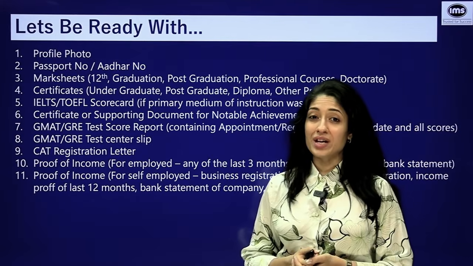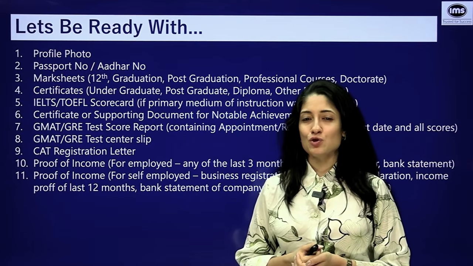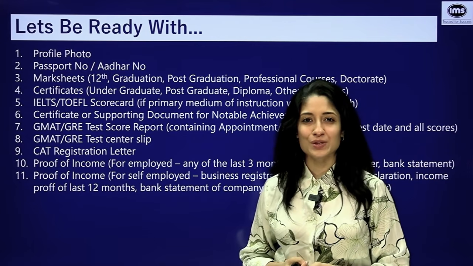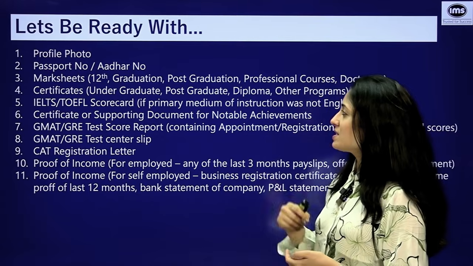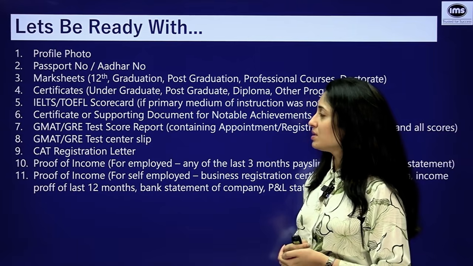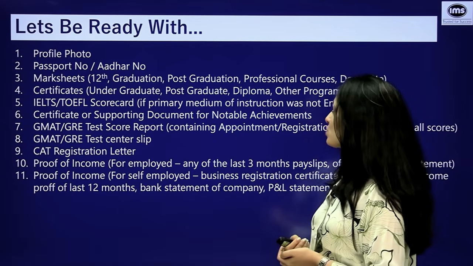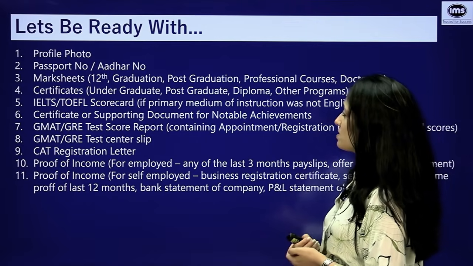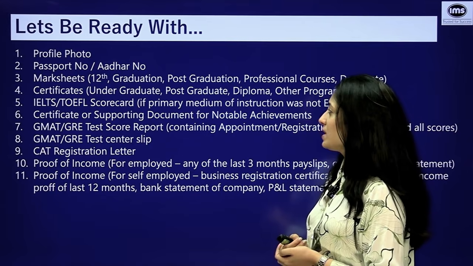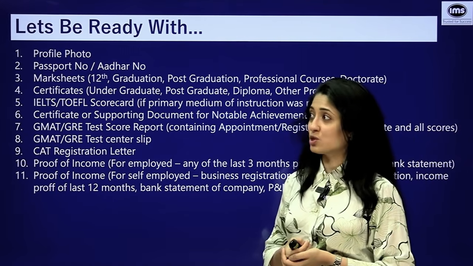Now, before going in the sections of your application, let's be sure that we are ready with this comprehensive list of documents with us. First is the profile photo, passport number or Aadhaar number, mark sheets which can be from 12th, graduation, post-graduation, professional courses or doctorate courses, certificates of your undergraduate, postgraduate, diploma and other programs that you have pursued.